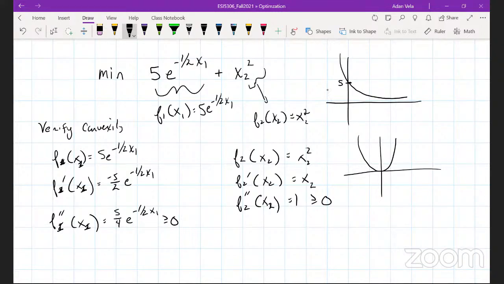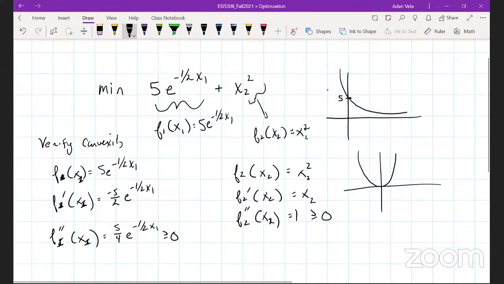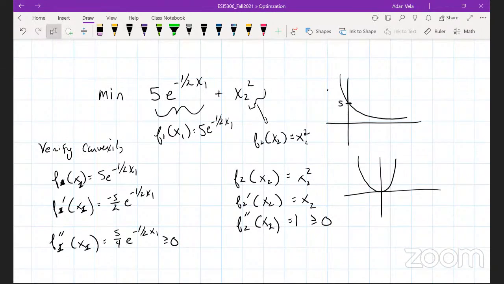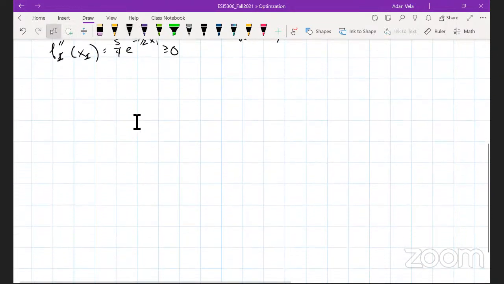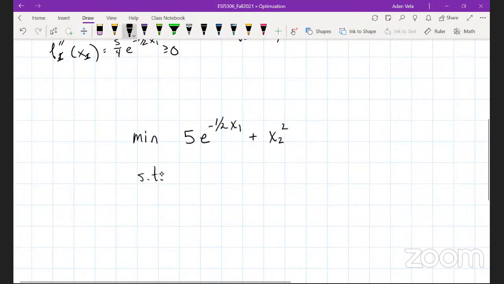Now for this particular problem, we're going to add in a couple constraints, although this isn't necessary, but sometimes it happens. Let's rewrite our problem. And we're going to have just a couple constraints that put bounds on x1 and x2.